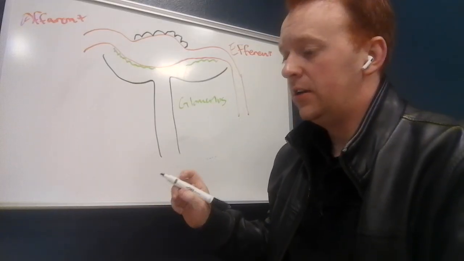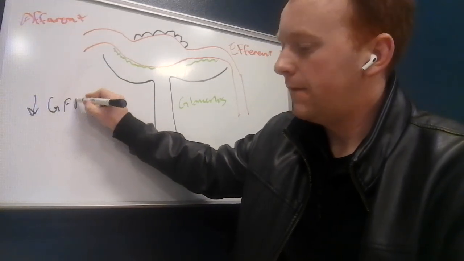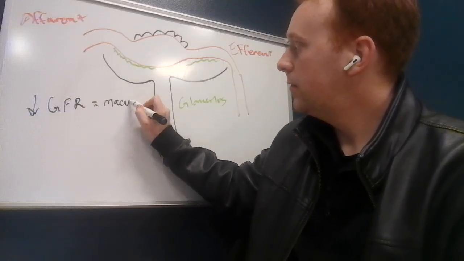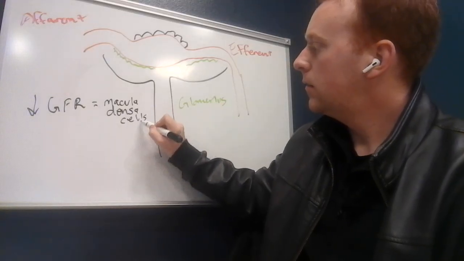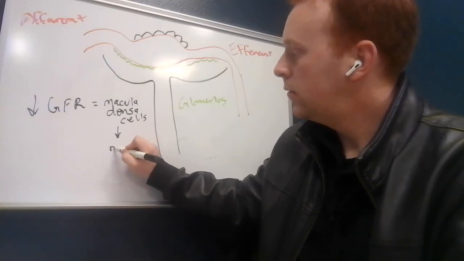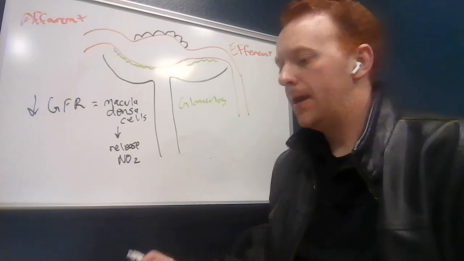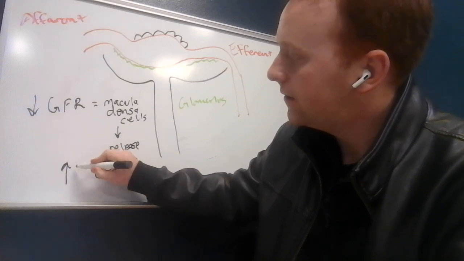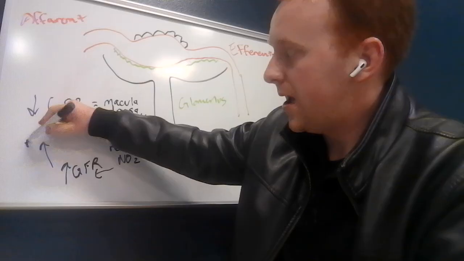GFR stands for glomerular filtration rate, and so decreased GFR equals macula densa cells, which release nitric oxide, and then that eventually increases GFR, and then that leads to negative feedback.